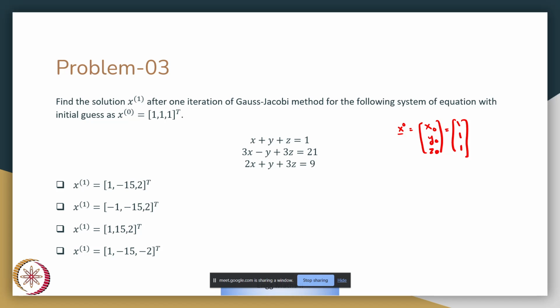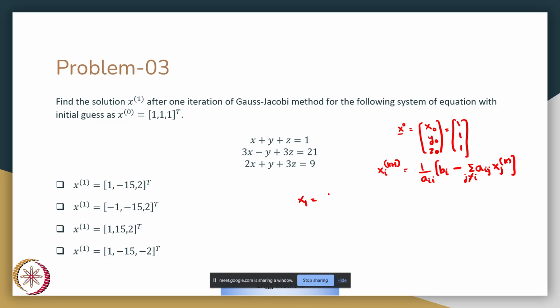Now, if you recall the Gauss-Jacobi method, we can write the ith component after the k plus 1th iteration to be 1 upon aii times bi minus summation aij xj of kth iteration, where j should not be equal to i. So how does that look for our case? You have x0, y0, z0 and after first iteration we'll have x1, y1, z1.